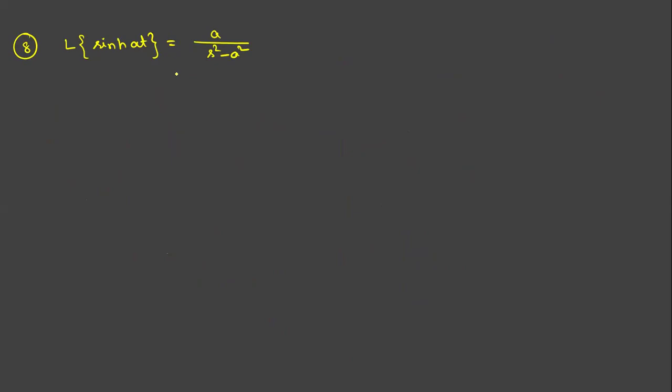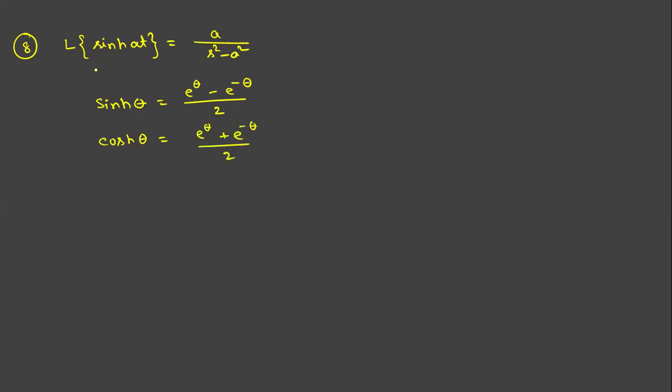Remember, there is an expression: sinh theta equals e to the power theta minus e to the power minus theta divided by 2. And similarly cosh theta equals e to the power theta plus e to the power minus theta divided by 2.